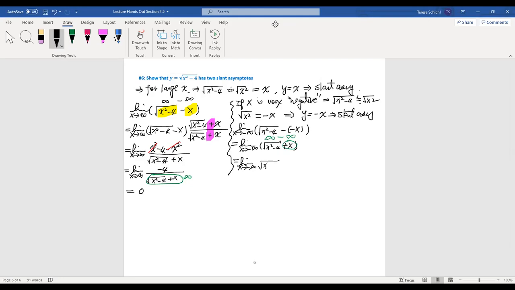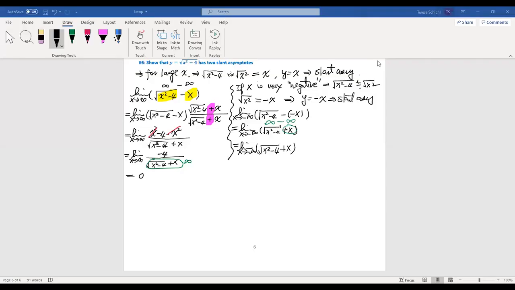Sorry, I think my internet was acting out a little bit. Okay, so now I multiply by the conjugate, the square root of x squared minus 4 minus x, over the square root of x squared minus 4 minus x. Let's do the same thing.